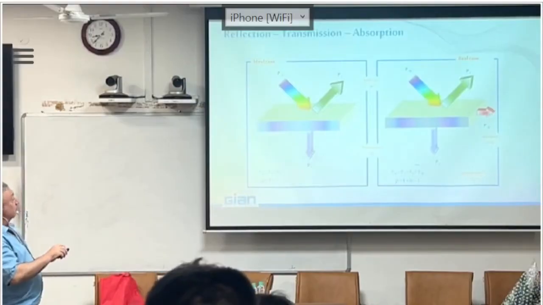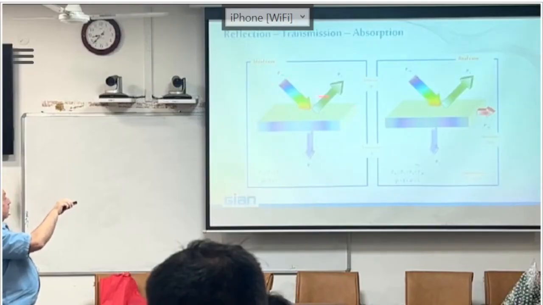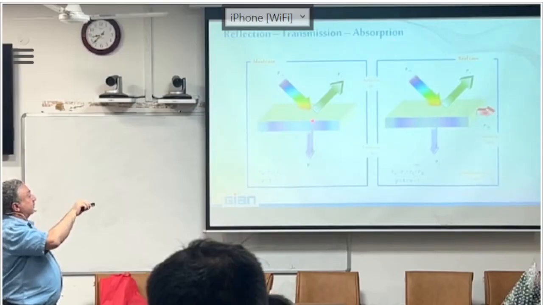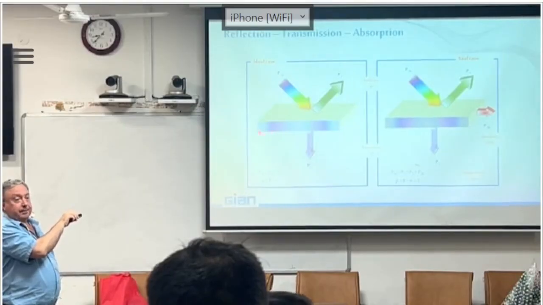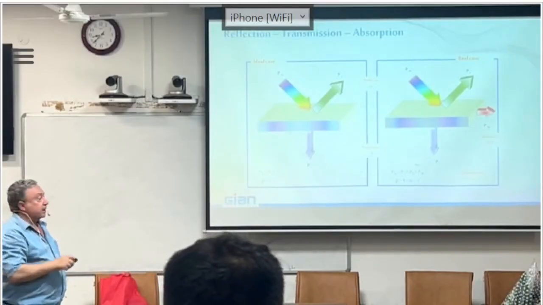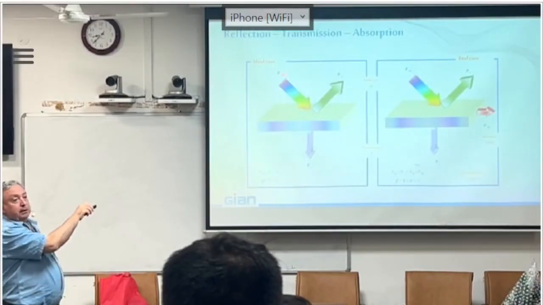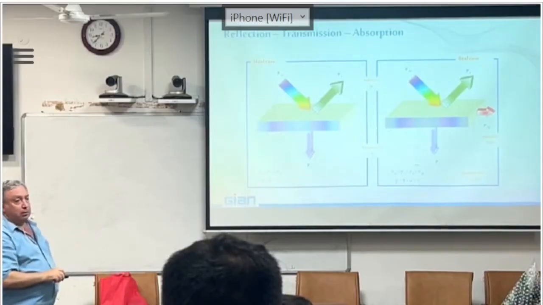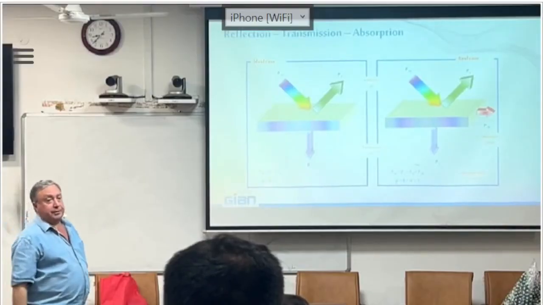Well, when light arrives at a surface, if the surface is ideal, a part of that light will be reflected and a part will be transmitted if the material is transparent. Here, no absorption, and that means energy conservation: P_R plus P_T equals P_in. The reflection is characterized by a reflection coefficient ρ, and the transmission is characterized by a transmission coefficient τ.